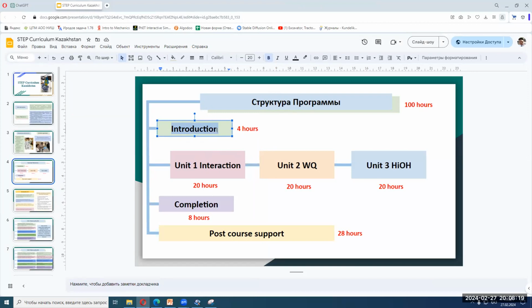In the introduction part, we explain what is CER and why we need it. So today, when I show you the interaction unit, it means they already know what CER is. They just finished CER. But since it's a first lesson, I will smoothly go from CER to the interaction unit. So let's see.